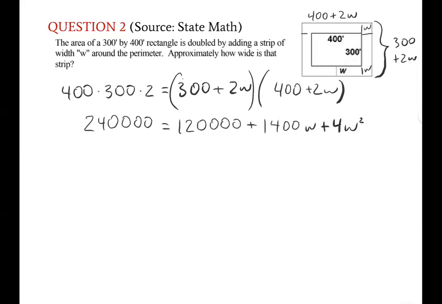So let's subtract each side by this big number, and we'll get 0 is equal to 4w squared plus 1,400w minus 120,000. Now we'll use the quadratic formula to solve for w.